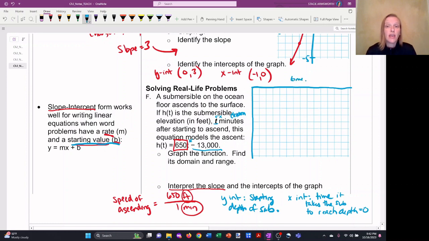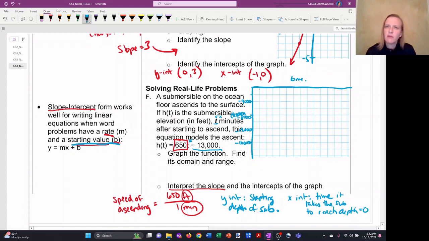I'm only going to have negative values of elevation going all the way down to negative 13,000. And if I make each tick mark worth negative 2,000, I will be able to get down to 13,000. So I'm not going to label every single one. I'll do negative 4,000, negative 8,000, negative 12,000, negative 16,000 is plenty.